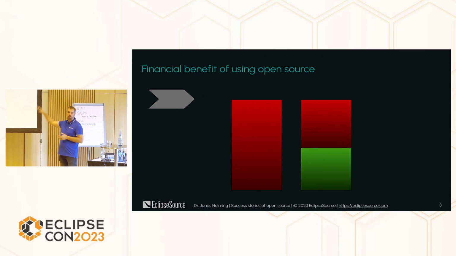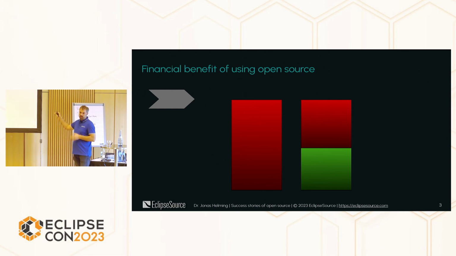Instead of building the full tower, we use something that is available open source that we can use for free. That's the green part. Very often these are frameworks or platforms that provide us with some generic functionality that other people need too. So we only have to build the red part, which is the part that is specific to our project. That's really the very simple idea.